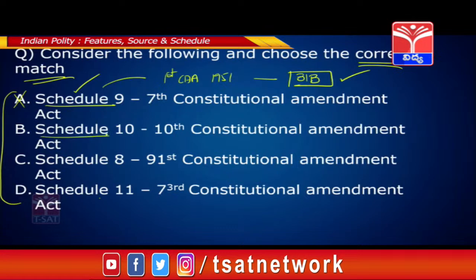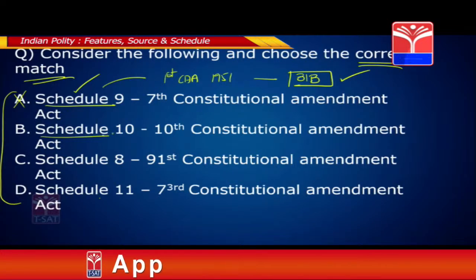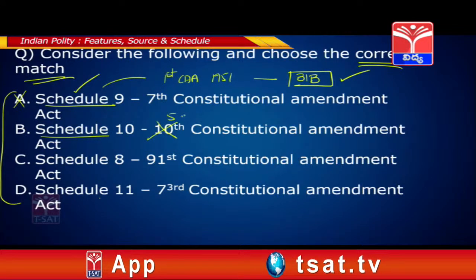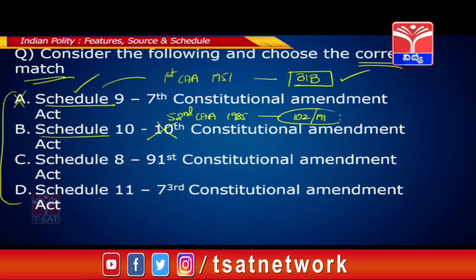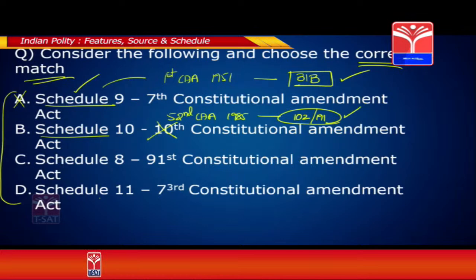Now Schedule 10. Schedule 10 was added by the 52nd Constitutional Amendment Act 1985, and is linked to Articles 102 and 191. Schedule 10 talks about the anti-defection law.